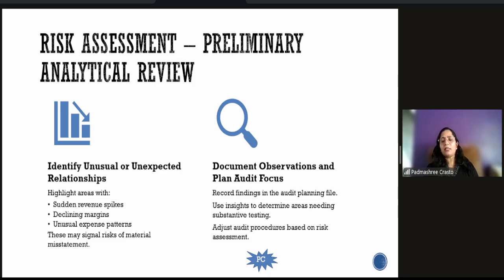Then we document our observations and then plan our audit focus. We record the findings in the audit planning file, then use additional insights to determine areas which need substantive testing or other testing. Then adjust our audit procedures based on risk assessment.